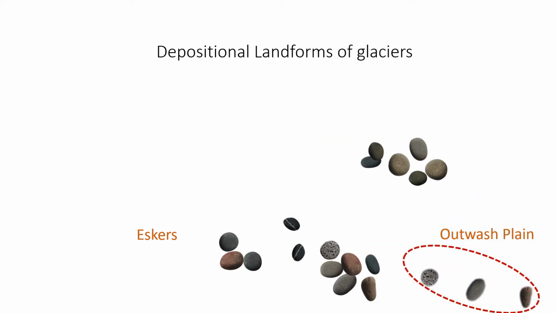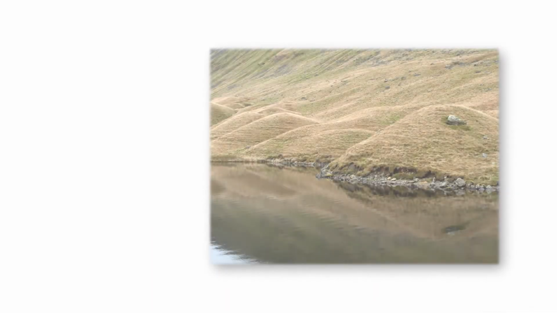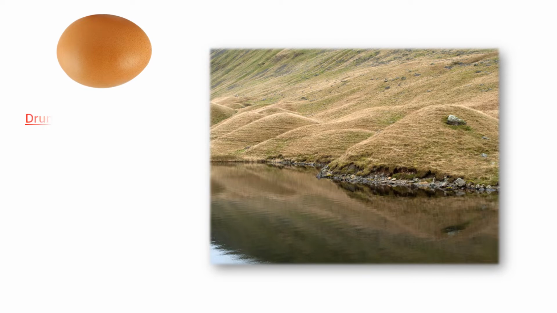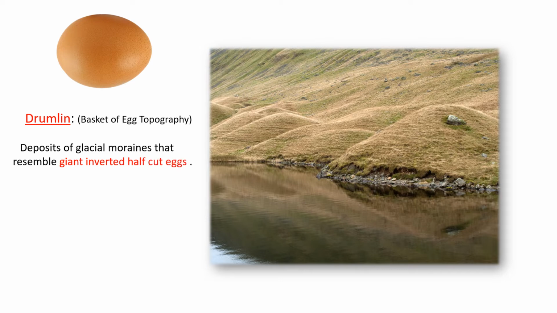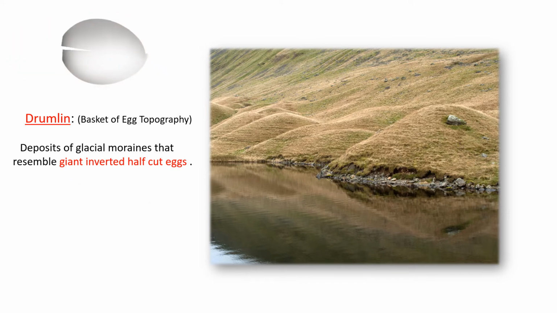The sand, gravel and silt deposited by melting ice is called an outwash plain. If the glacial moraines, that is, the debris deposited, resemble giant inverted half-cut eggs, such deposits are called drumlins.